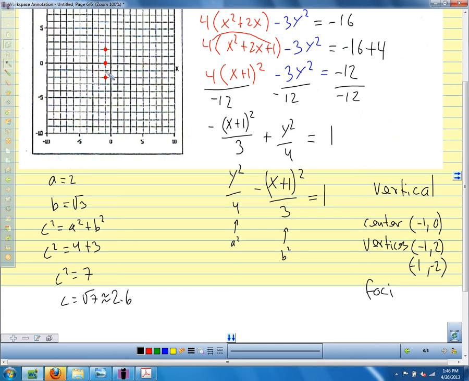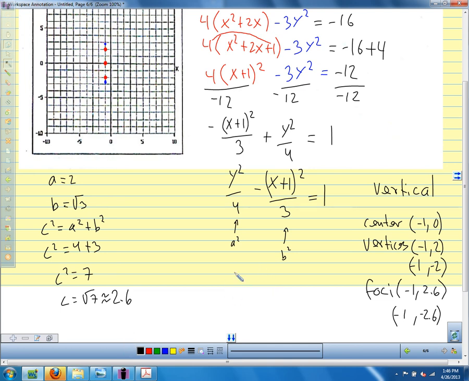So I'm going to move up and down by 2.6 units to get to the foci. So I'm going to be at -1, 2.6, and -1, -2.6. So my foci are just a little further up and down from my vertices. So the foci are right inside the vertices.